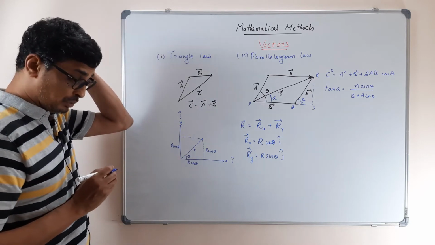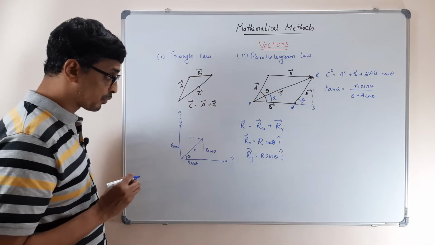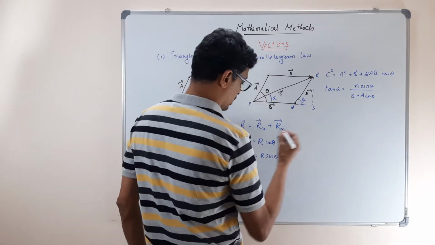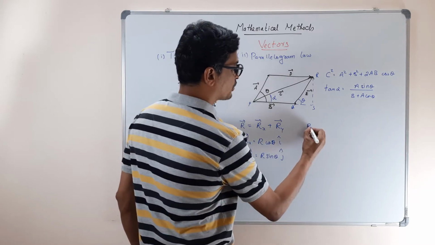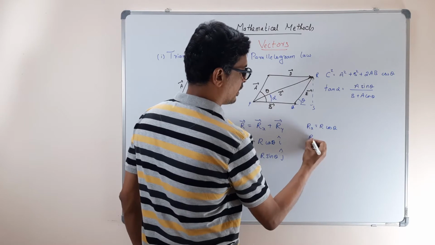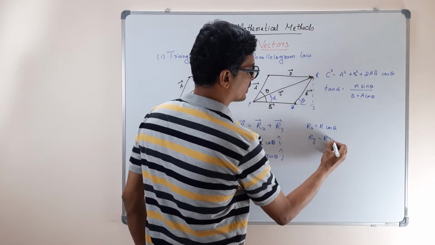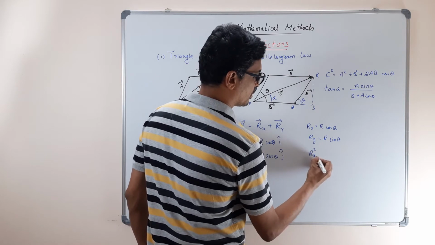Okay, so now let me take out the magnitude. Rx will be R cos theta, and Ry will be R sin theta. So what is Rx square plus Ry square?